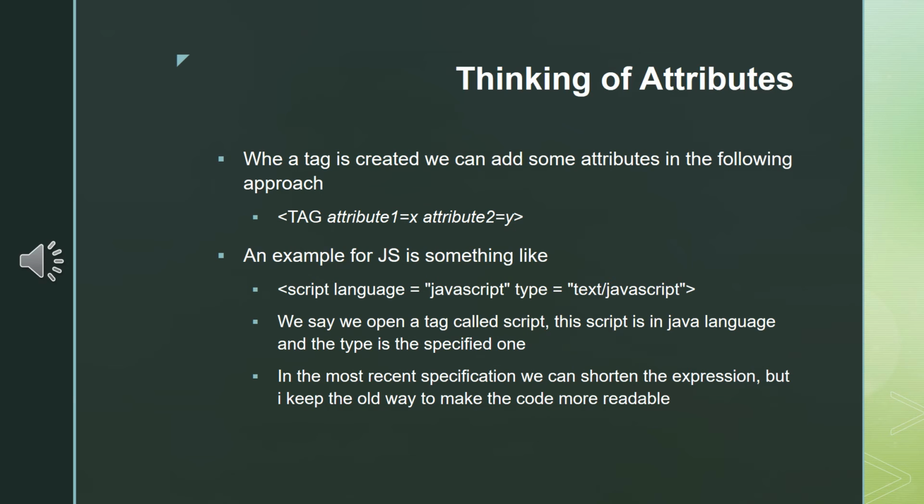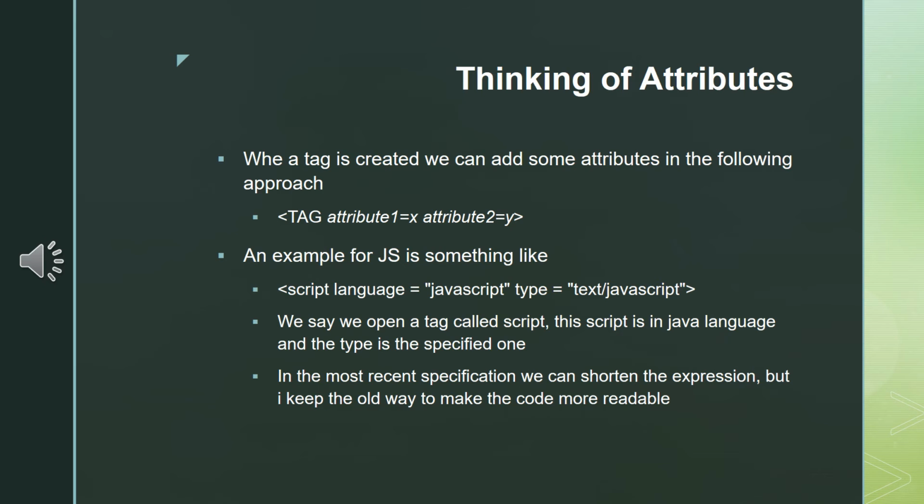Just to go a little bit deeper in the technical approach, we have to say that each tag can have different attributes, can have a name, can have an ID, can specify what type of content is within the tag. So for example, the tag for JavaScript is called script.